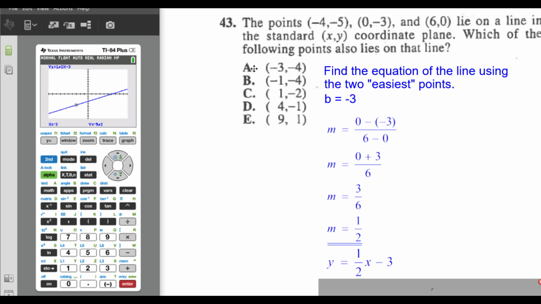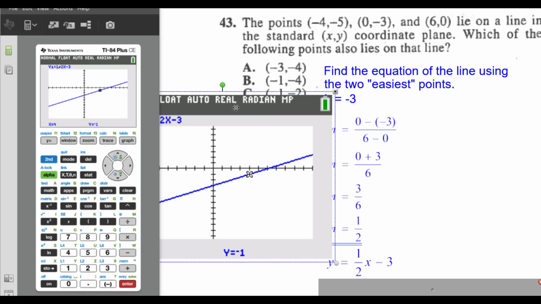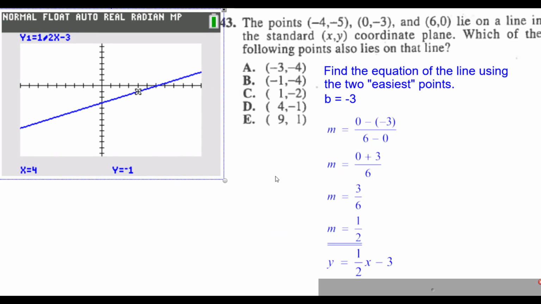And when I do that, it's not -4. I could trace to -1. Not -4. +1, not -2. 4, 4 is -1 rather. There it is. Looks like I messed up my window a little bit, but that's okay. All right. So I can see that the answer is D.